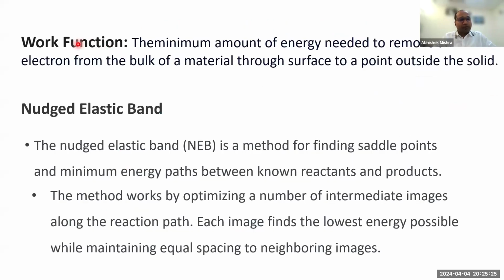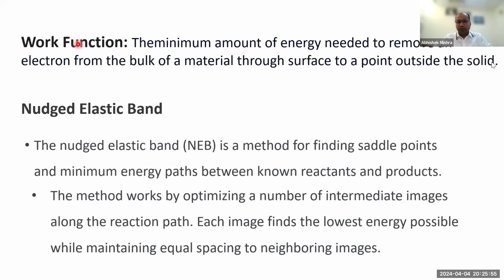Before I go into technical results, there are a few other important things. Usually, we try to calculate the work function, and as you know, it is the minimum energy required to remove an electron from the bulk of a material to a point outside the surface. So we will do the calculation for the work function. If it matches, we'll be happy. And we'll be using nudged elastic band calculations for finding the transition states.